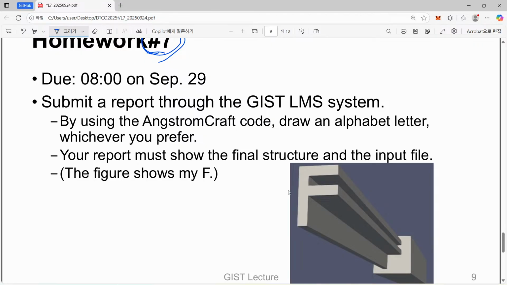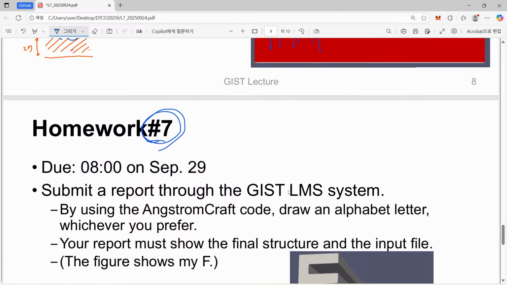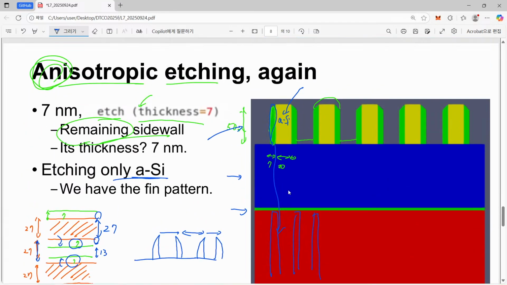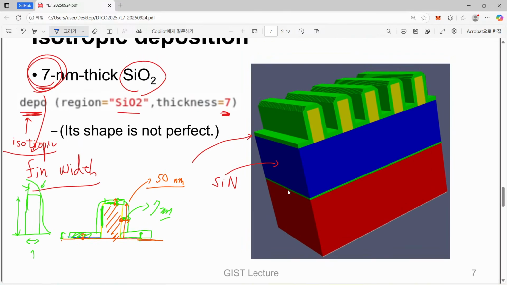And of course, the bottom line is you have to do your own exercise when you come back to your room. So in front of your laptop, you have to follow all of this exercise I have shown you, and I intentionally hid my input file.